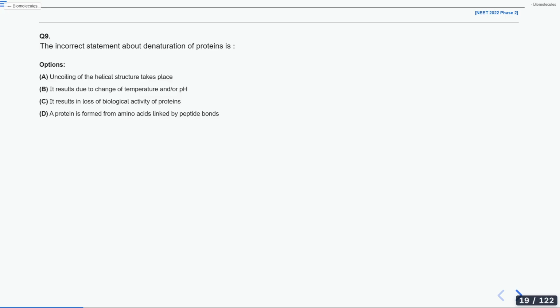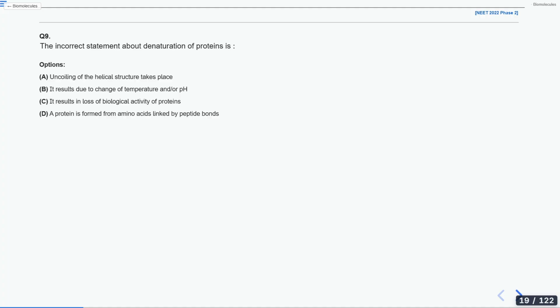Next one, a protein is formed from amino acids linked by the peptide bonds. So you have to tell about the incorrect statement. A protein is formed from amino acids linked by peptide bond.